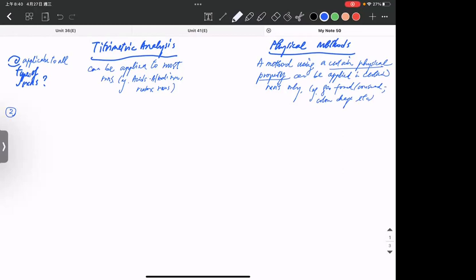Think of some other comparison besides whether or not it can be applied to all types of reactions. What else can be compared?